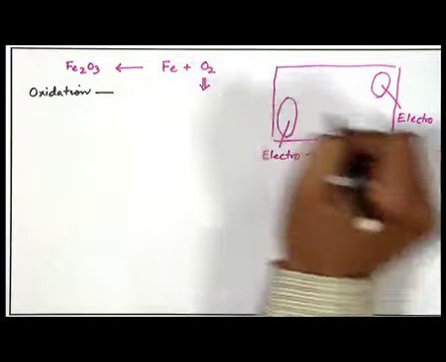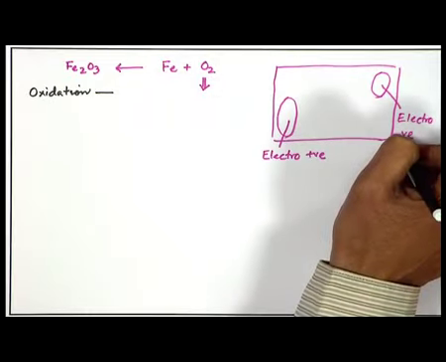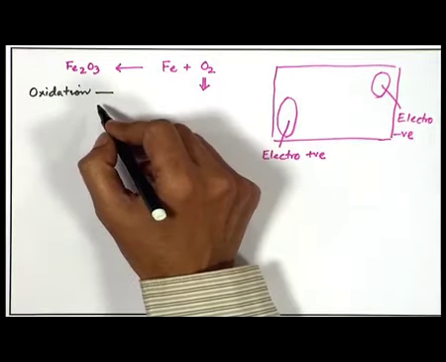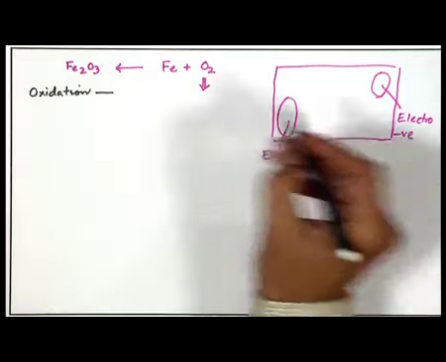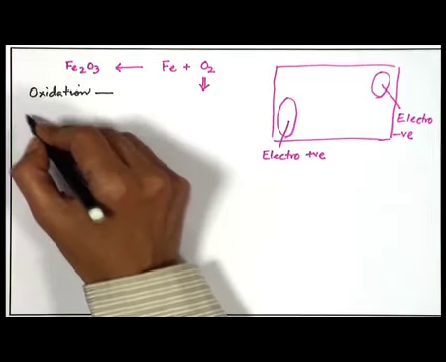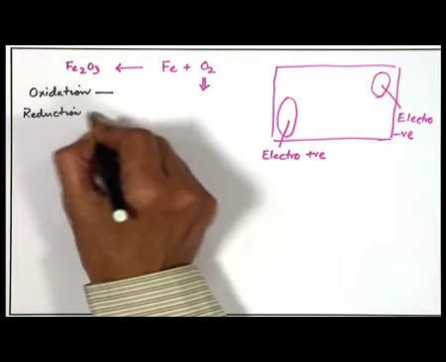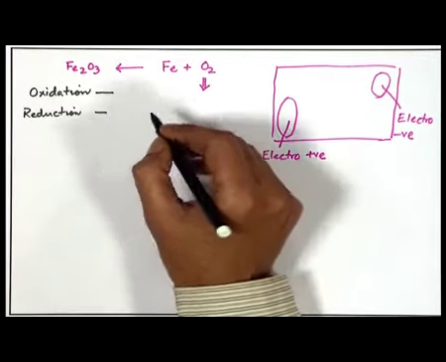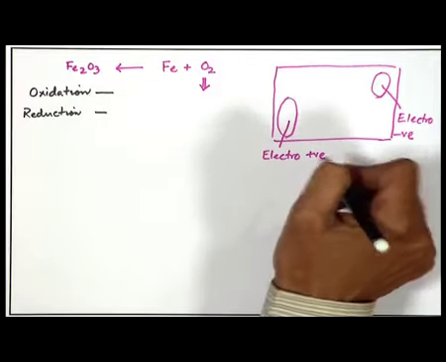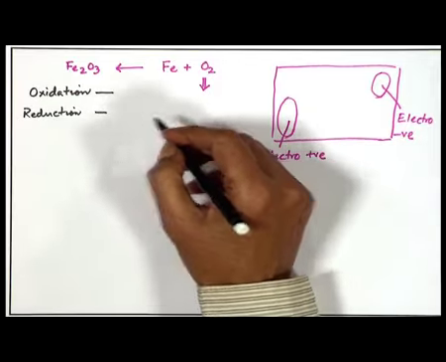So, addition of this electronegative element is also known as oxidation, and reduction means the combination of less electronegative elements, or removal of electrons.